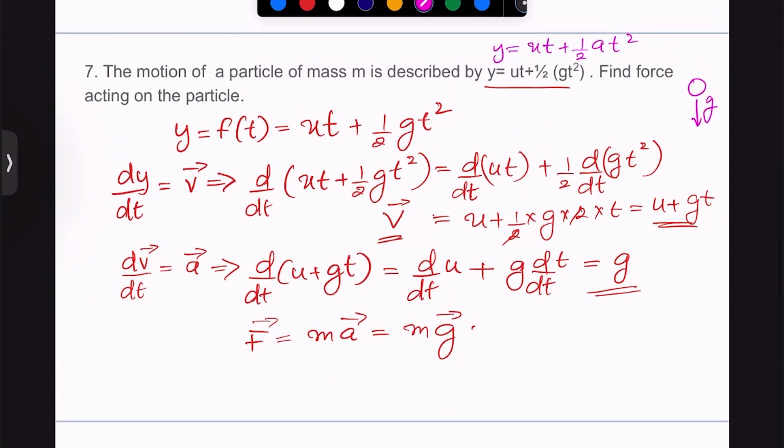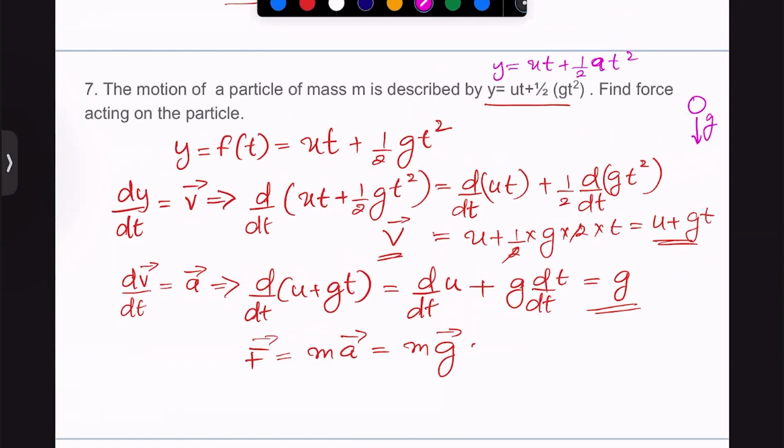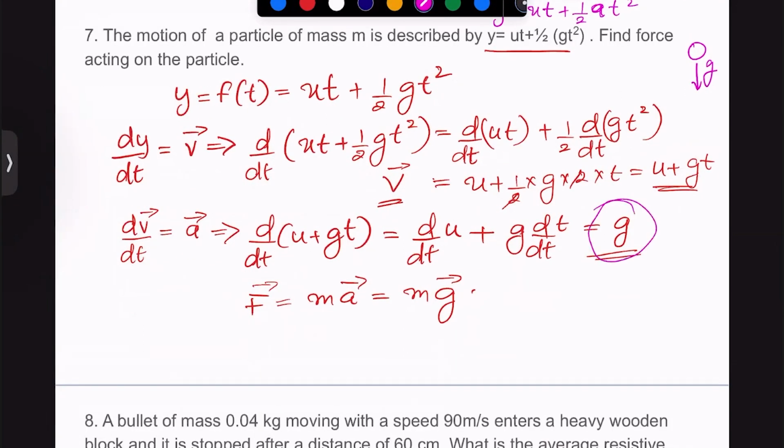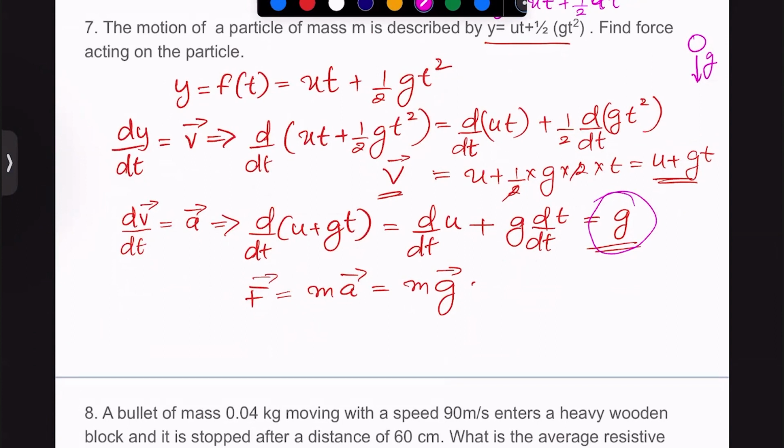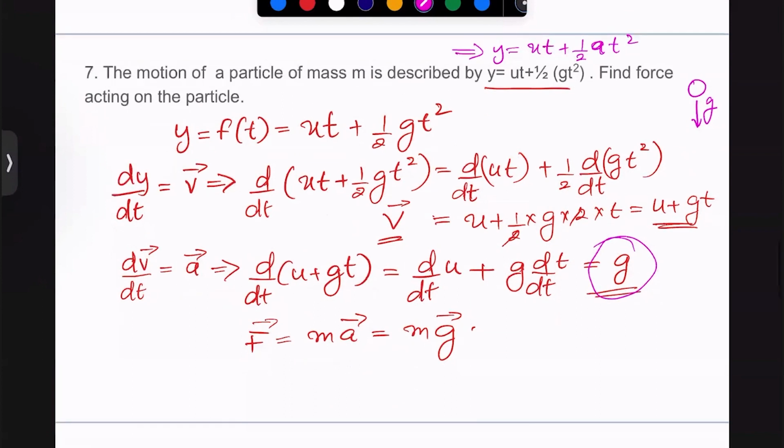So acceleration due to gravity substitutes this a with g. There we were using g directly, but now, from the equation of displacement as a function of time, you can differentiate it twice to get the acceleration, which we found to be g. So in both ways we can show that the acceleration for an object described by such a displacement function is g.